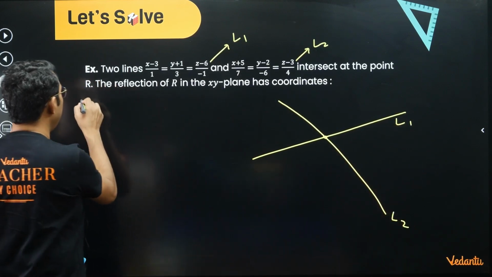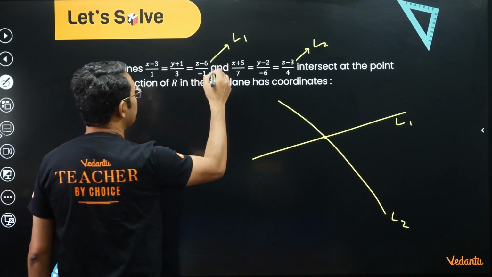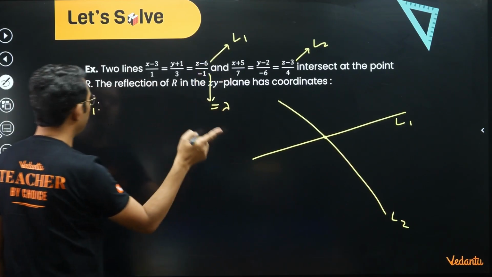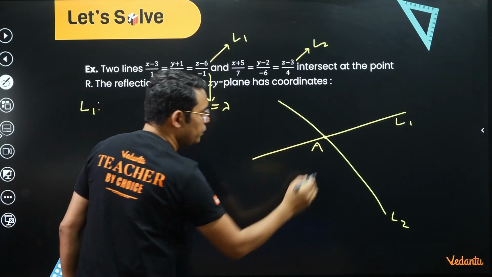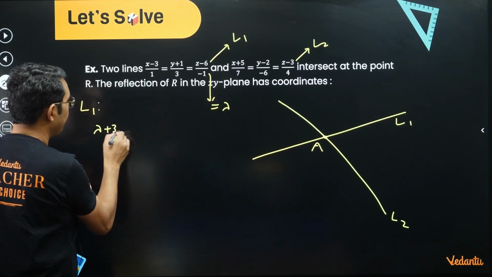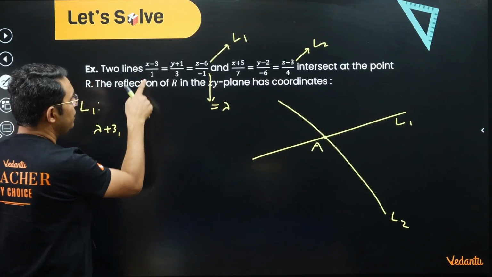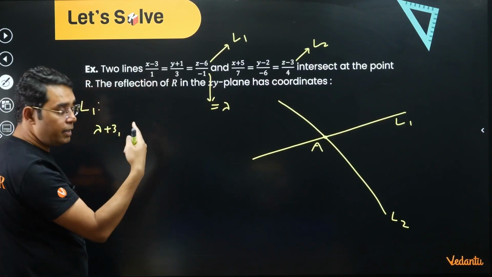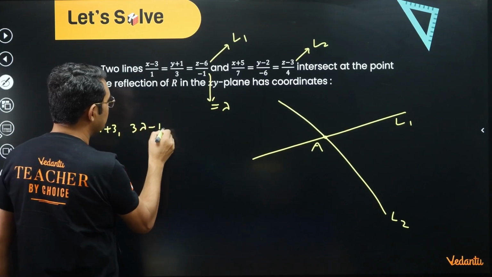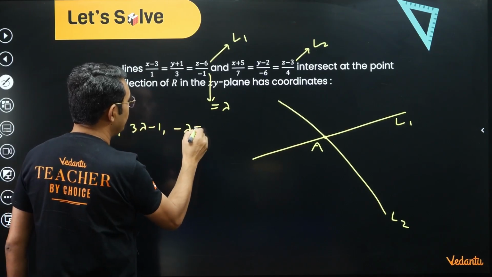Now on the line L1, if I equate this ratio equal to lambda, this point A, suppose that's the point of intersection, it will be lambda plus 3. This equal to lambda means x will be equal to lambda plus 3, and y coordinate will be 3 lambda minus 1, z coordinate will be minus lambda plus 6.